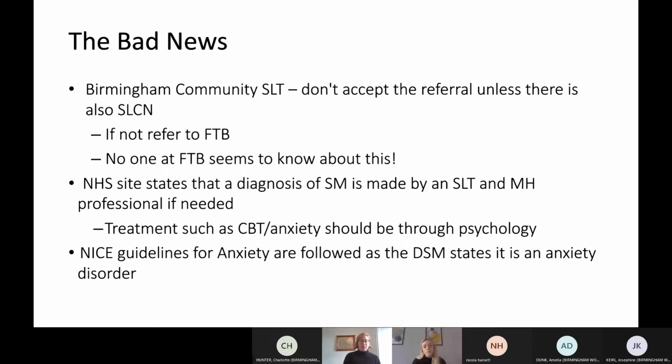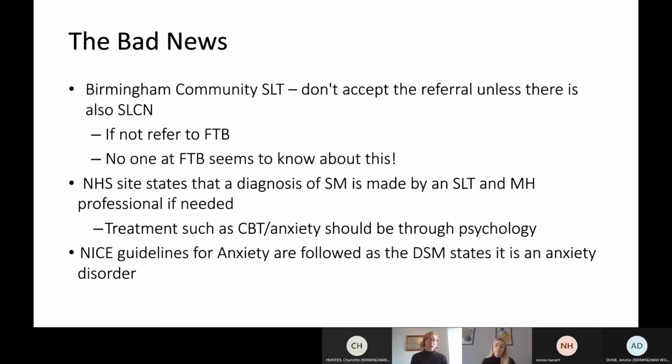I spoke to the clinical lead for selective mutism at Samwell, and they said that what tends to happen is the NICE guidelines for anxiety, because the DSM classes selective mutism primarily as an anxiety disorder. People just follow the NICE guidelines for anxiety assessment and intervention.